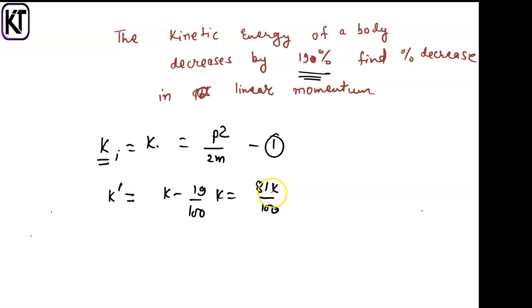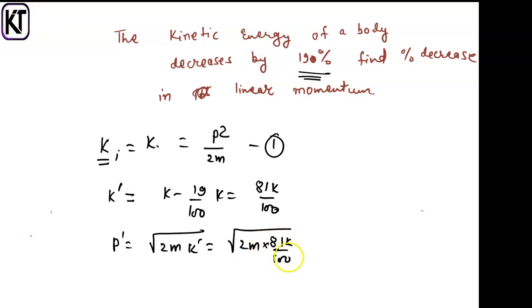So the new kinetic energy would be 81% of the original one, and of course the momentum would be P dash equals root 2m K dash. That makes it root of 2m times 81 K by 100, and this makes it 9 by 10 root 2m K. This is P dash.